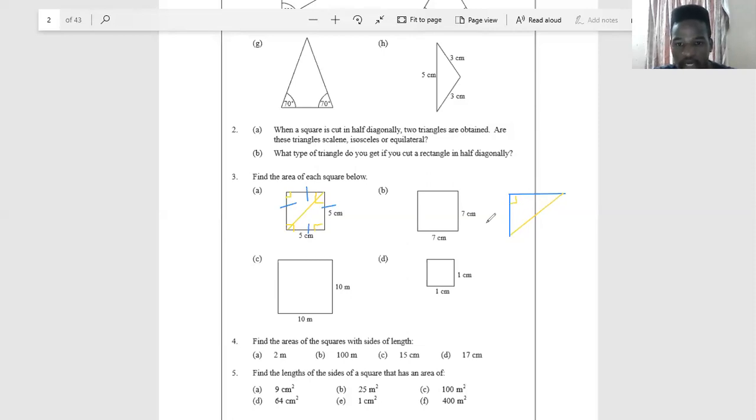This is your diagonal line. Then these sides are equal. What did we say about sides that are equal? That they will have two angles at the base that will be equal. So this angle here and that angle there would be equal.